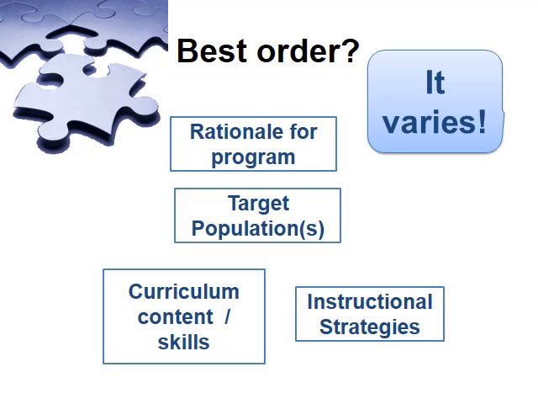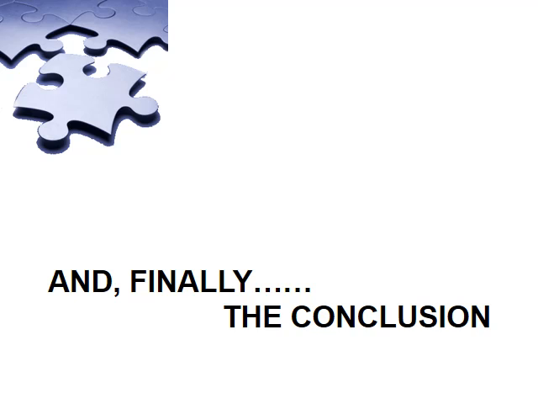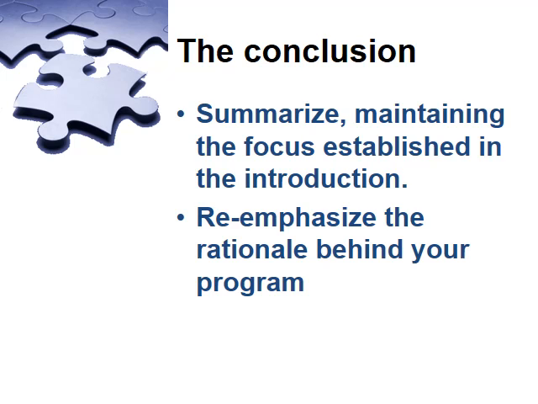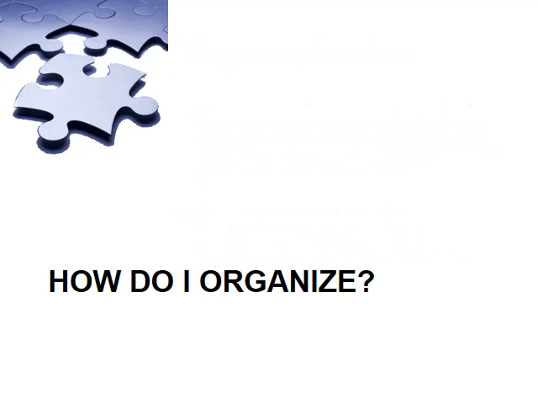That's up to you. And the research. And the conclusion. In this, you'll summarize, maintaining the focus you will have established in the introduction on that first page. You want to re-emphasize the rationale behind your program, why we need it.